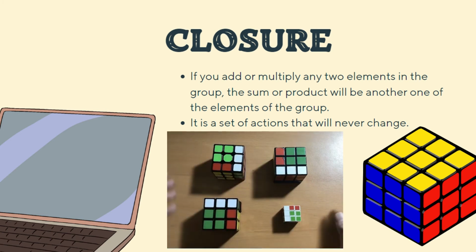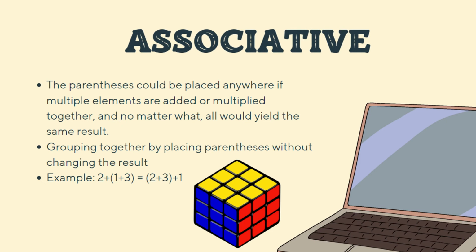The second axiom is associative. The parentheses could be placed anywhere if multiple elements are added or multiplied together, and no matter what, all would yield the same result. In other words, grouping by placing parentheses does not change the result.